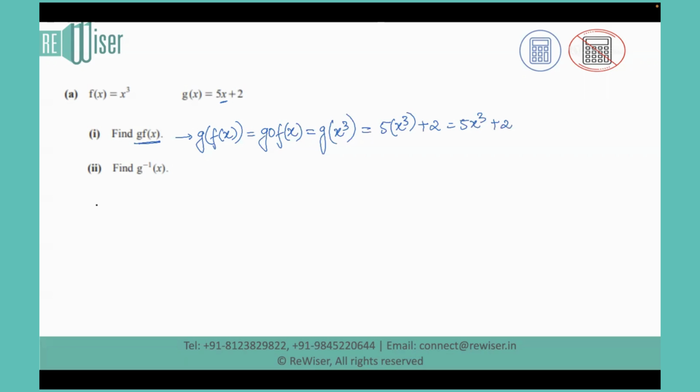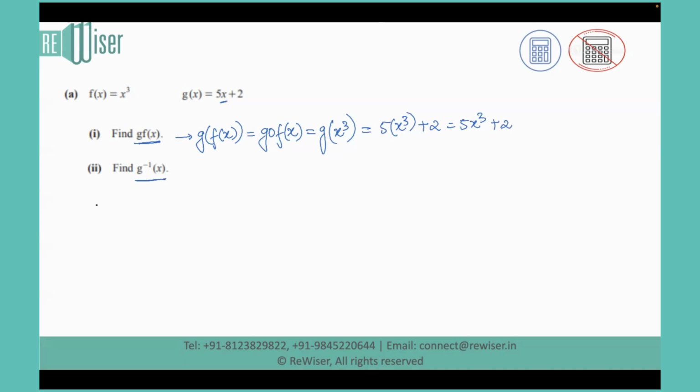This is how we can find any function where its input is another function given. Now, moving on to the next question, it says find g, and in the power we are seeing it's written minus 1 of x.